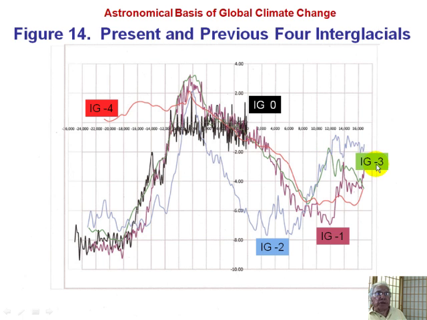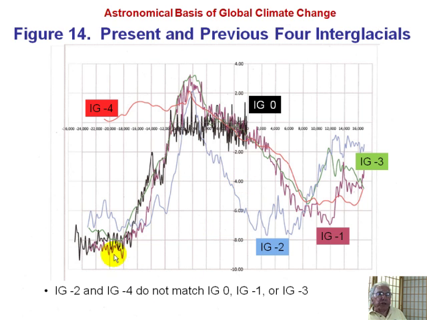The one 300,000 years ago is the green curve. It's right in here on top of the red curve, so it's pretty hard to distinguish. And the one 400,000 years ago is the red curve, which we are going to simplify this picture by removing the red curve and the blue curve and just consider 3 interglacials.